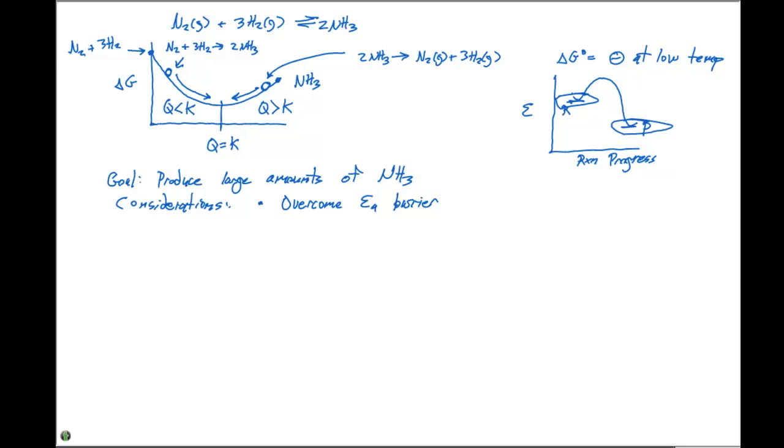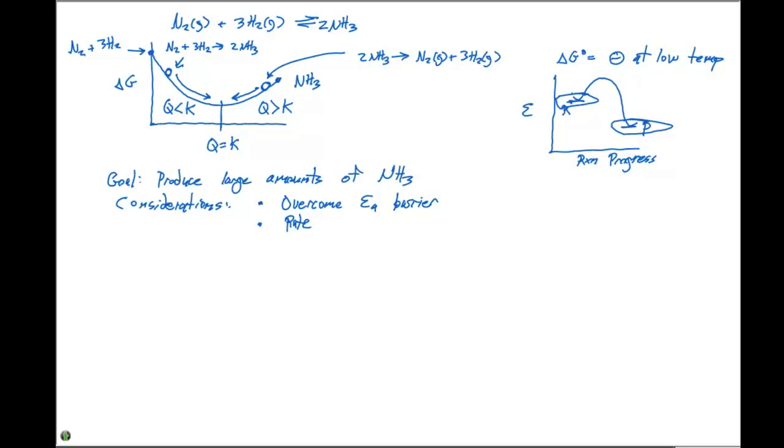The second consideration is the rate. If it takes 3 years to produce 10 grams of ammonia, I don't think that's going to go very well, and we're not going to be able to produce much of this in a reasonable amount of time.